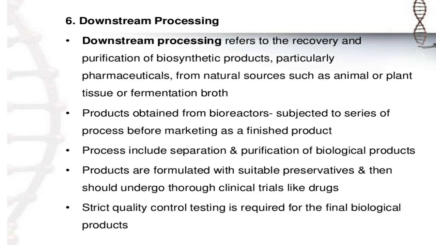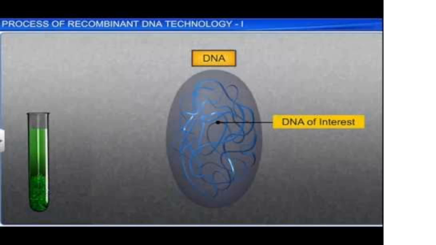Processes include separation and purification of biological products. Products are formulated with a suitable preservative and then should undergo clinical trials like drugs. Strict quality control testing is required for the final biological products. Process of recombinant DNA technology.